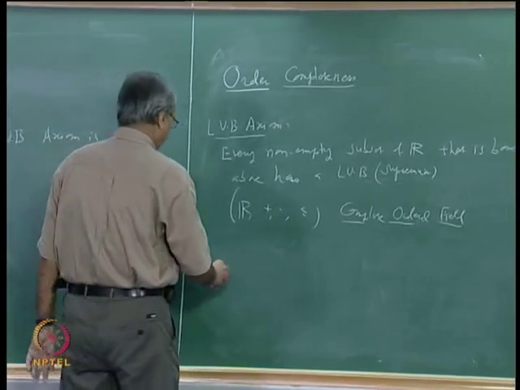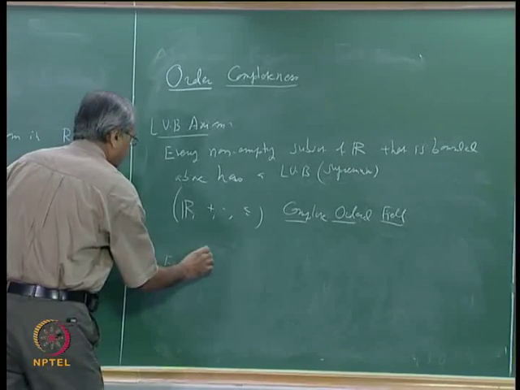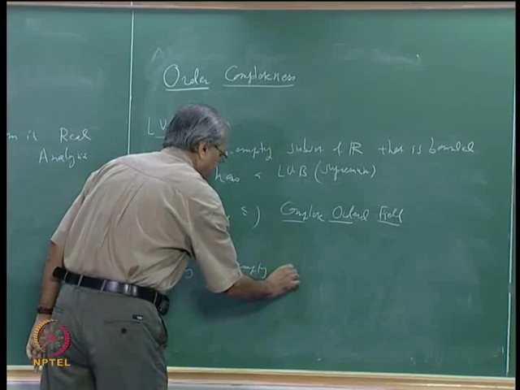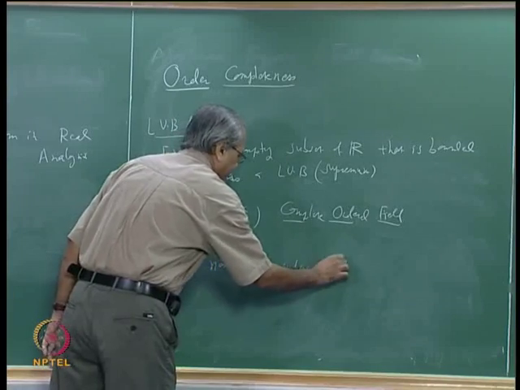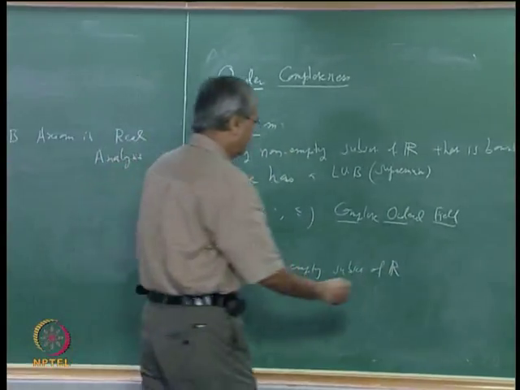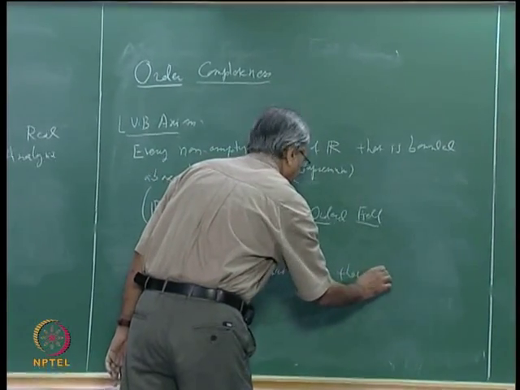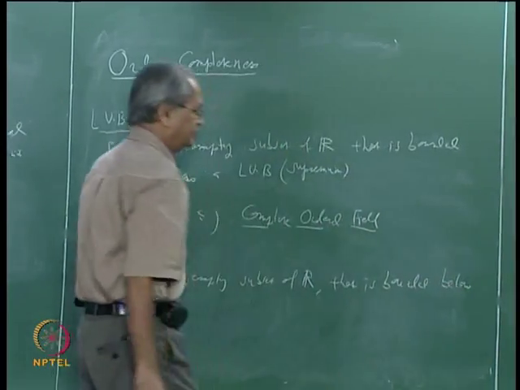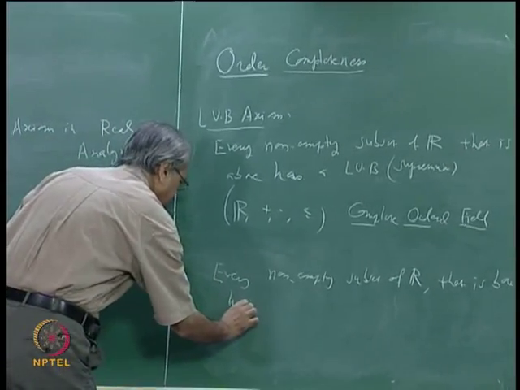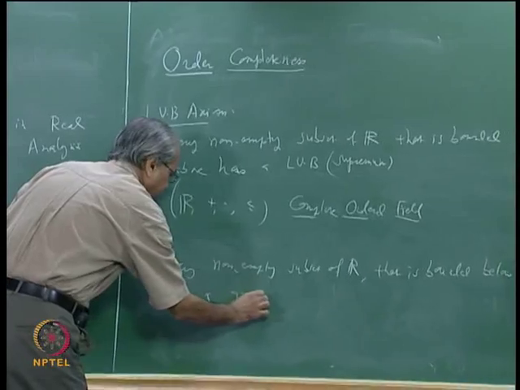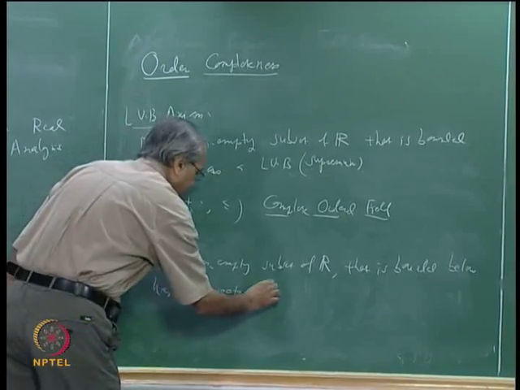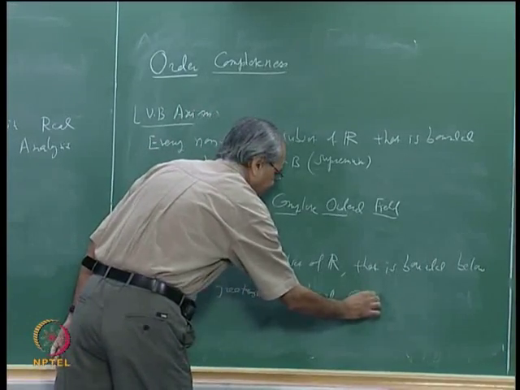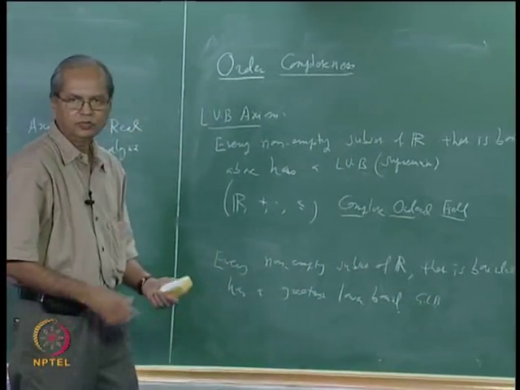So we can say that every non-empty subset of R that is bounded below has a greatest lower bound, which we had written as GLB, greatest lower bound, or infimum.